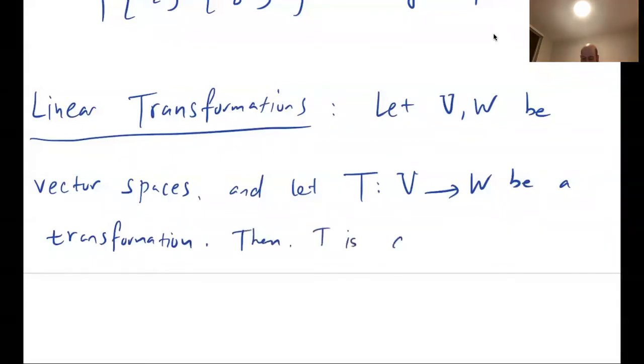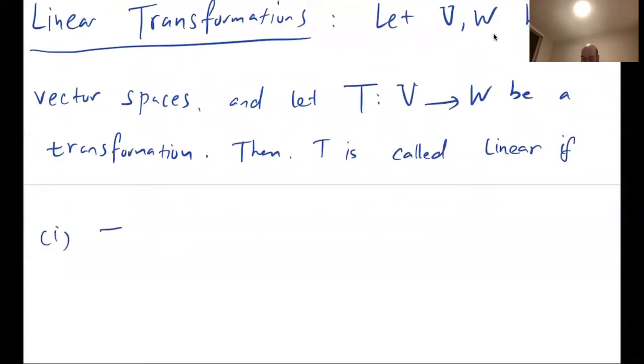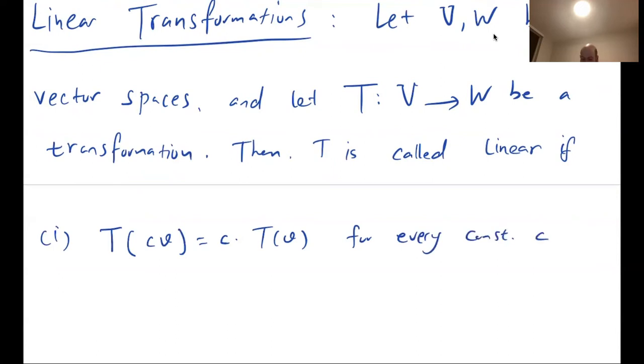Then T is called linear if, first of all, T of CV is equal to C times T of V for every constant C and every V in V. So that's one condition.